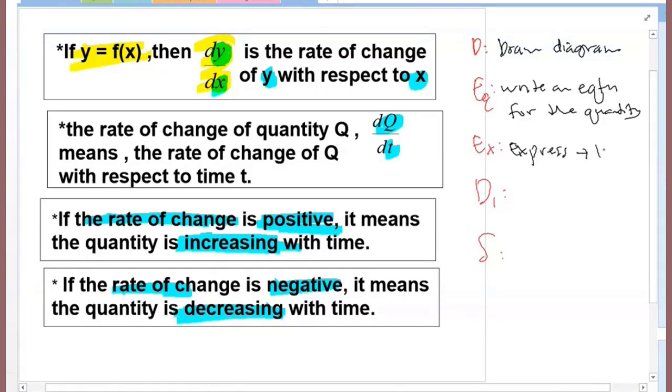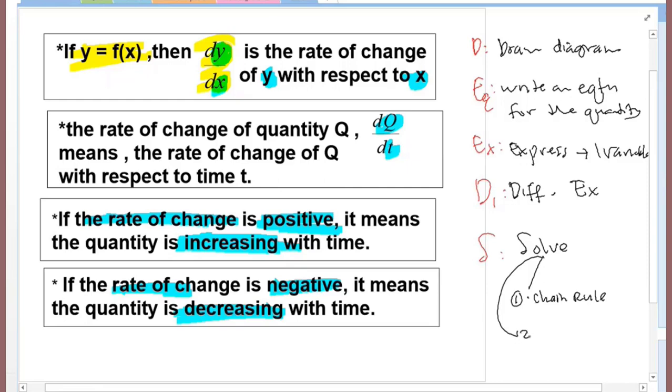Then differentiate, and then solve. Maybe solve this one to find dV/dt using the first method, the chain rule.